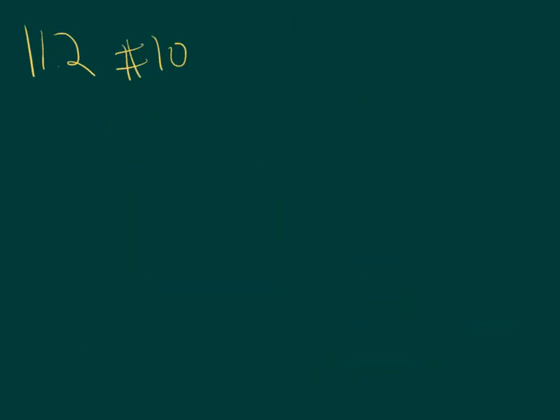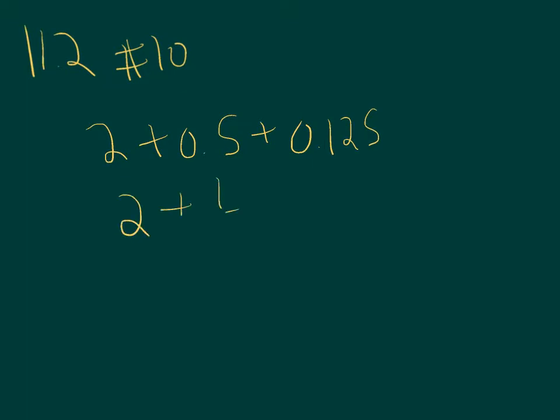Okay, so number 20 has 2 plus 0.5 plus 0.125. Well, this is 2, this is plus a half, this is plus an eighth. The next one I'm going to guess is 1/32, because each time we're multiplying by 1/4.